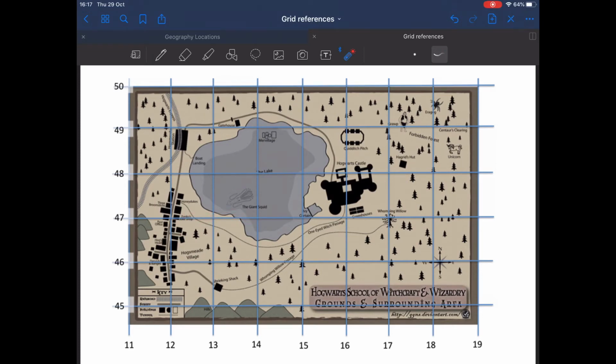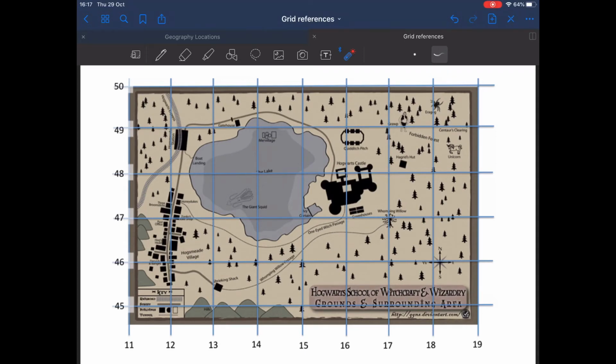Now, that's fine, but sometimes these grid squares can actually be quite big, and on some maps they can indeed be as big as a kilometre. So, when we're wanting to find things within a grid square, sometimes we need to break up the grid square into smaller pieces.